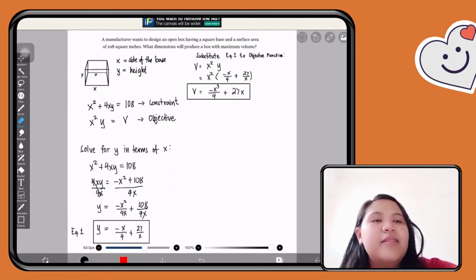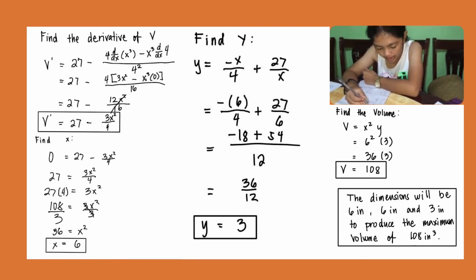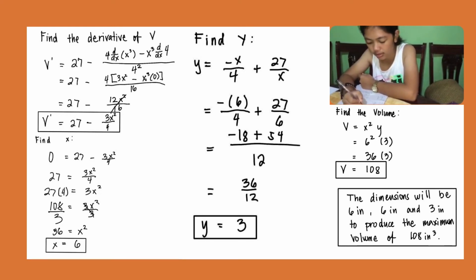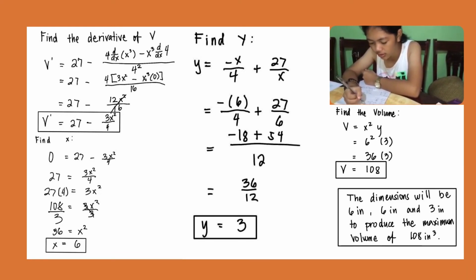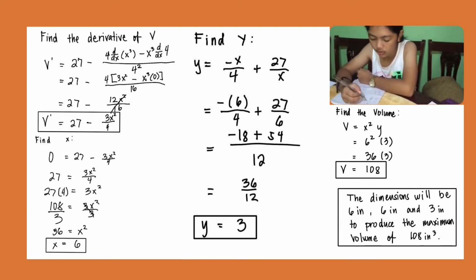After that, we find the derivative. Find the derivative of volume: V prime equals 27 minus 4 times d over dx of x cubed minus x cubed times d over dx of 4, over 4 squared, equals 27 minus 4 quantity 3x squared minus x cubed times 0 over 16.